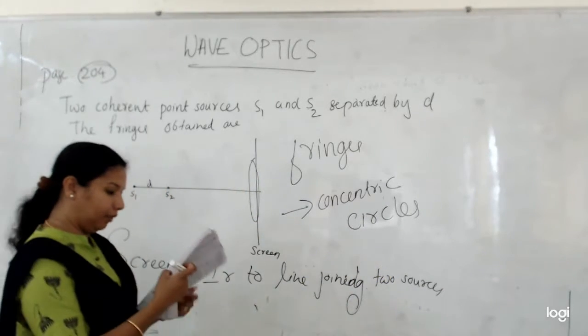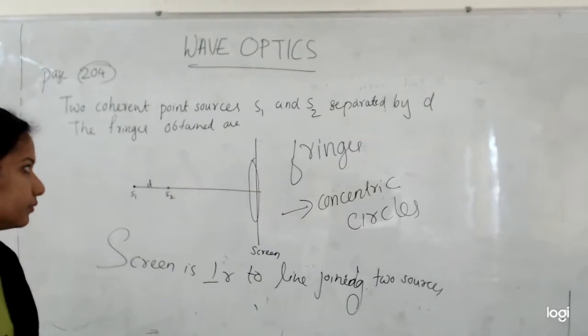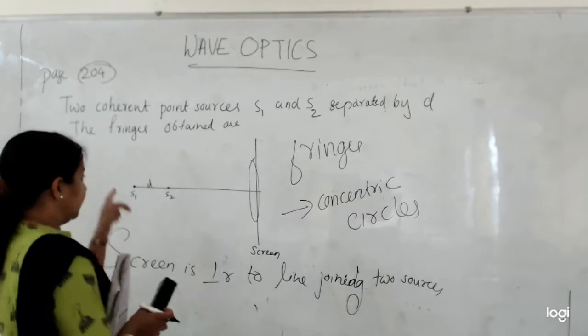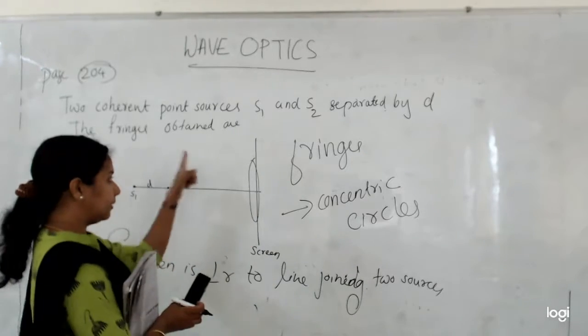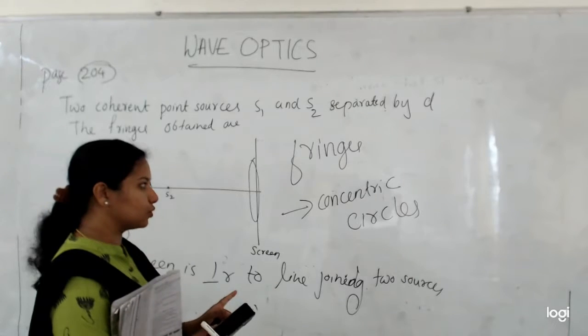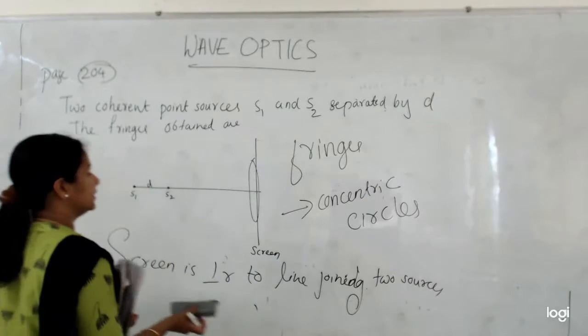Very important point. So what I told, if the sources are like this and the screen we have placed perpendicular to the line joining these two sources, your fringes will be in the form of concentric circles.